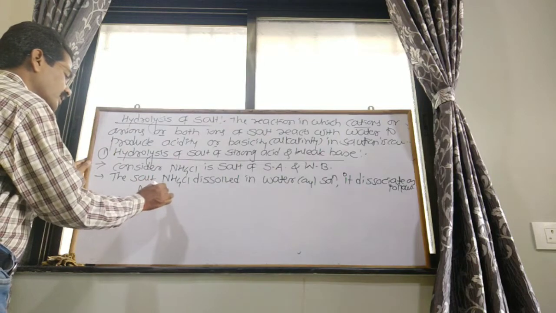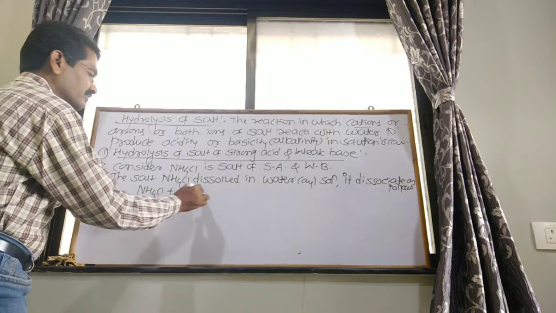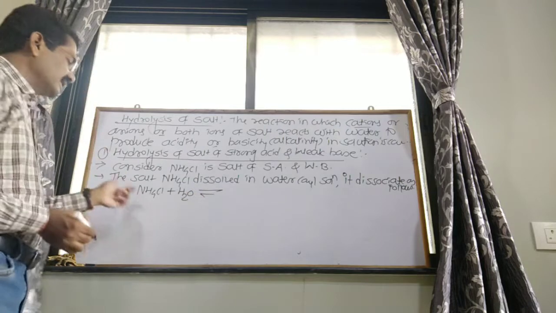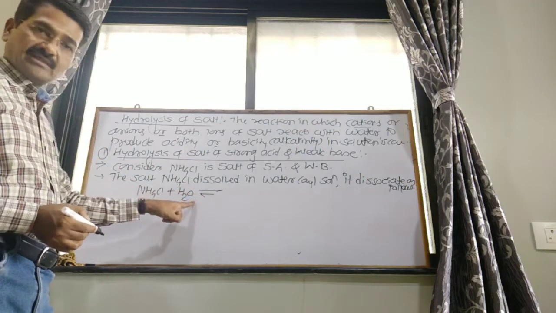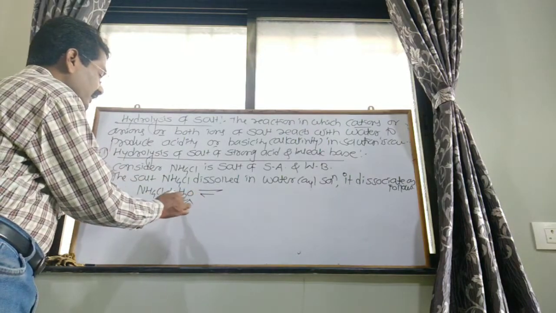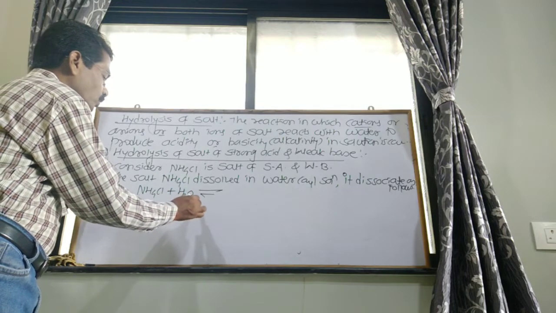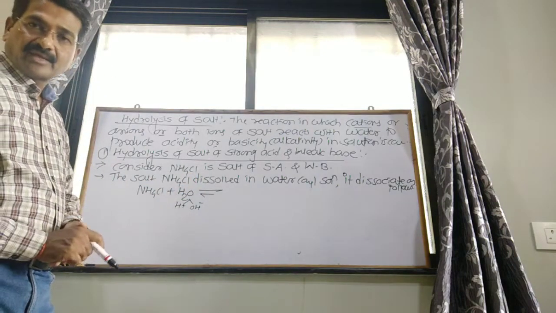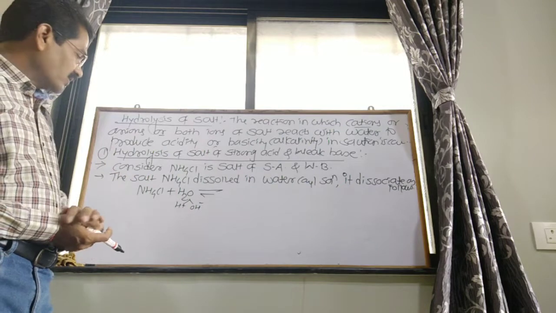NH4Cl, that is the salt, plus H2O. This H2O breaks up to give H plus and OH minus ions, hydrogen and hydroxyl ions.